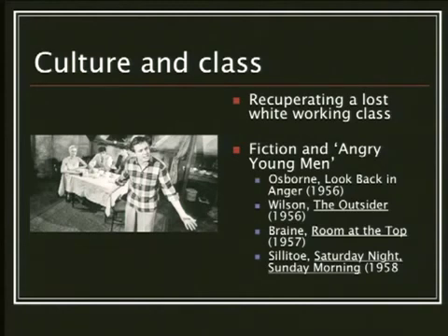Okay, let's move on to this last section, which is about culture and its role in rethinking and reassembling the working class. Now, the first thing that I want to say here is there's a sort of paradox that is taking place. There's a paradox in the sense that at the time that the working class is supposedly disappearing, it becomes increasingly culturally visible in the 1960s and the 1970s.